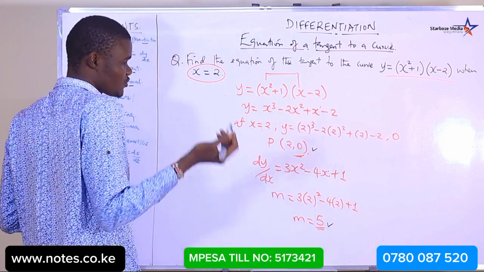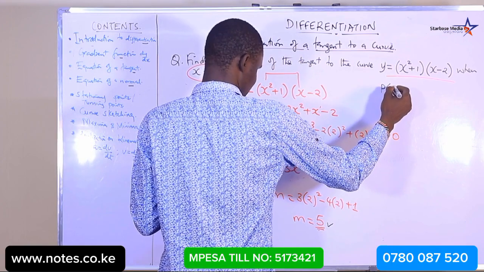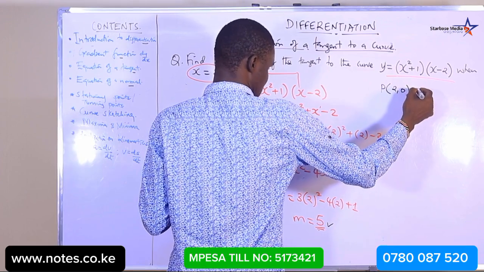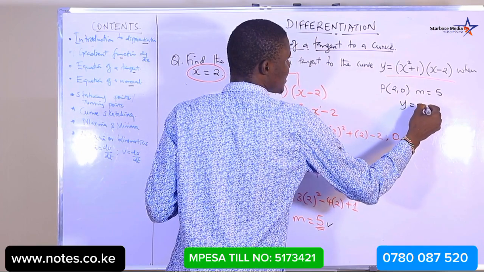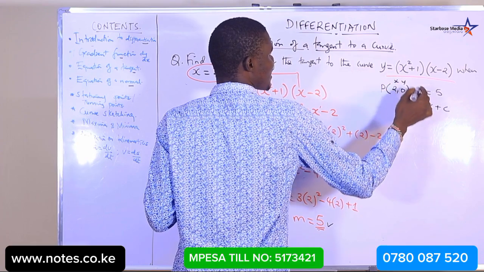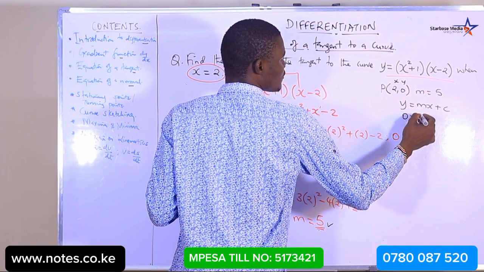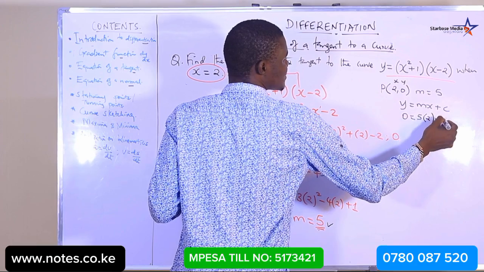You already have the gradient and you already have the point on the line. So forming an equation is easy because the point you have is (2, 0) and the gradient is 5. So just say y = mx + c. This is x, this is y, and this is m. So 0 = 5 times 2 plus c.